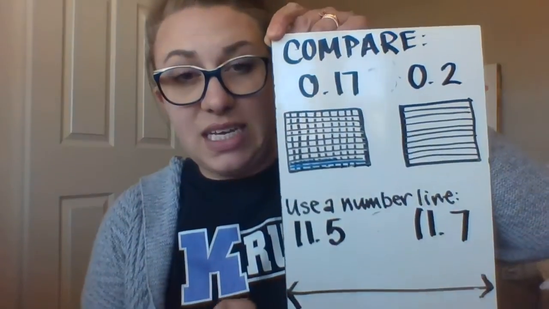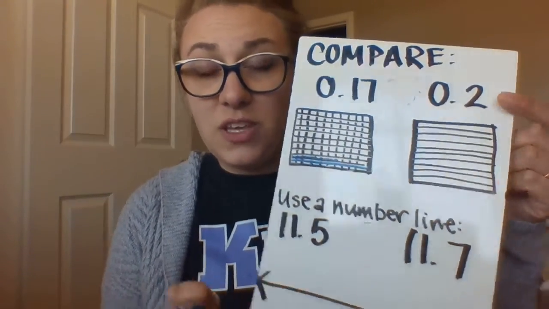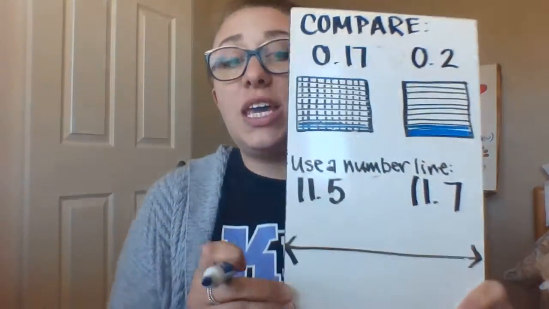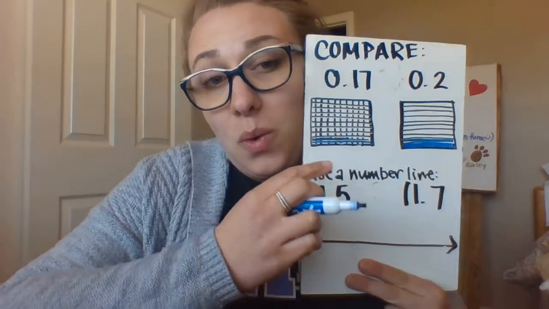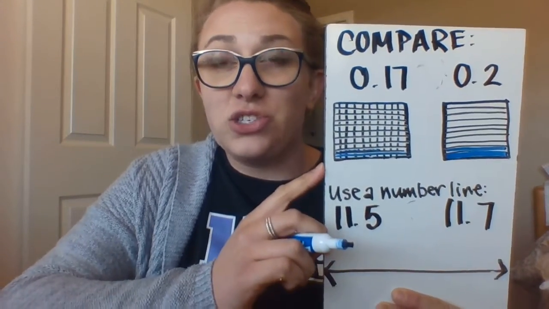So there's my 17 hundredths. I did it down at the bottom in blue. I'm going to fill in 2 tenths. I know each of these represents a tenth, so I'm going to put in 2 of them. 1, 2 tenths.